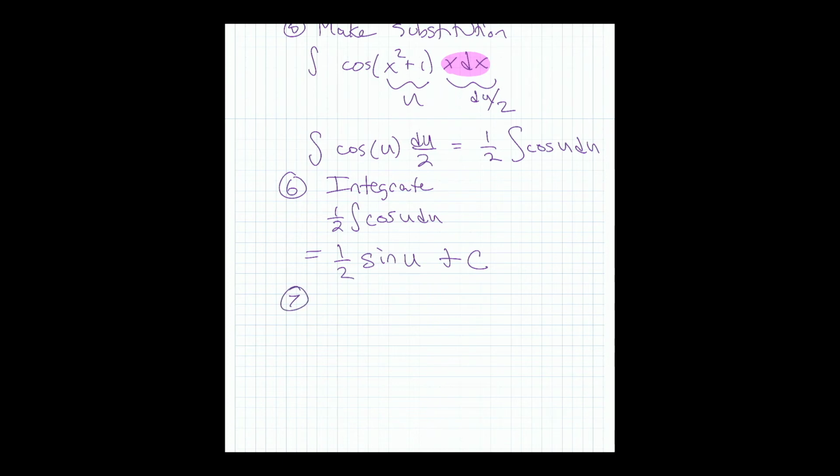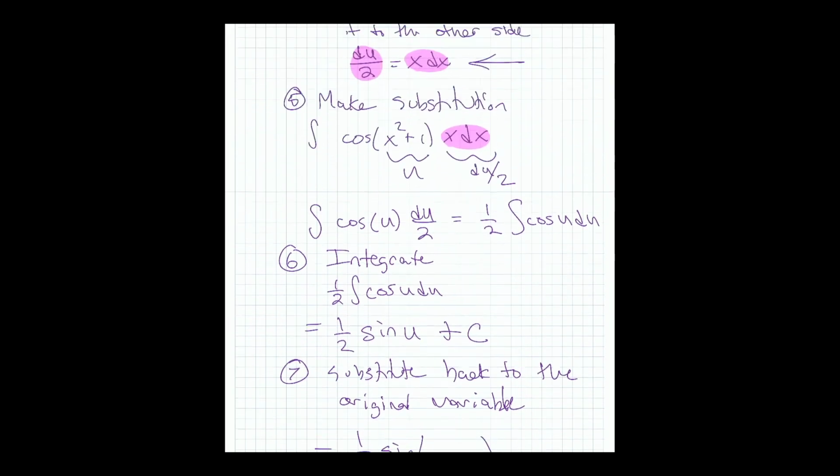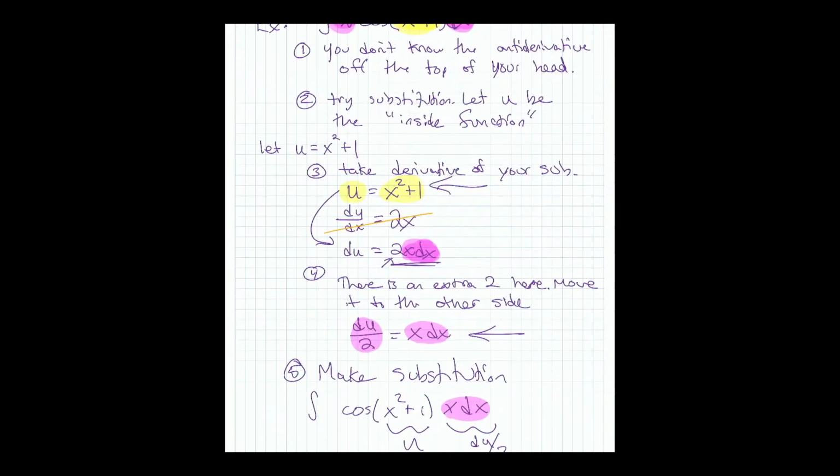And then u was made a variable, so we have to substitute back to the original variable. When we do that, we're going to get 1/2 sine u. But what was u? I'll come back up here.